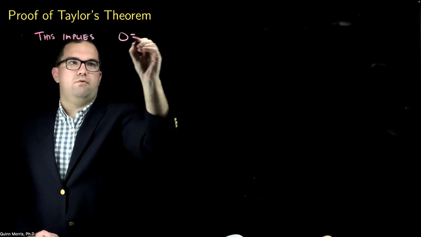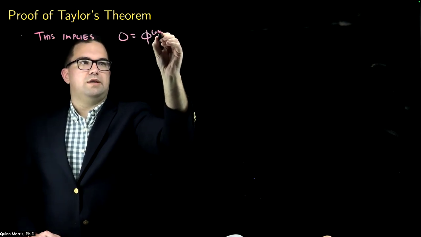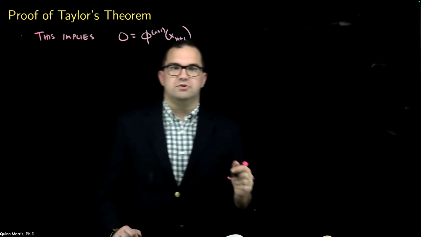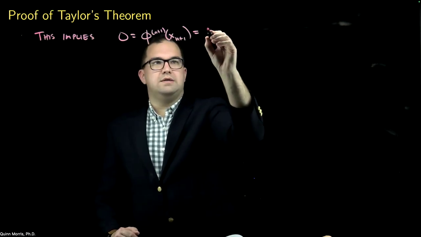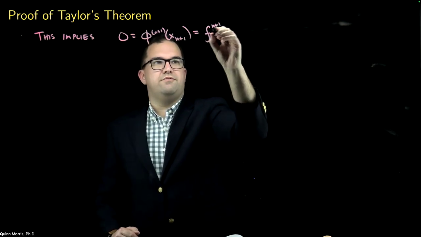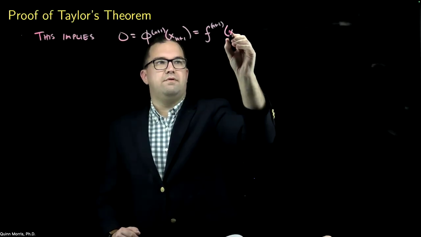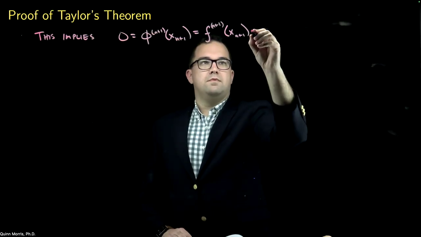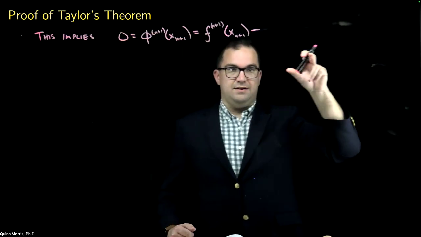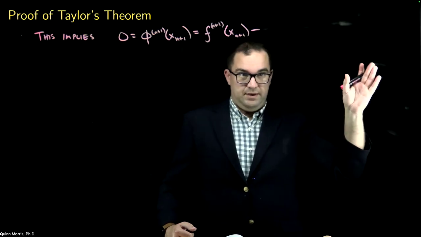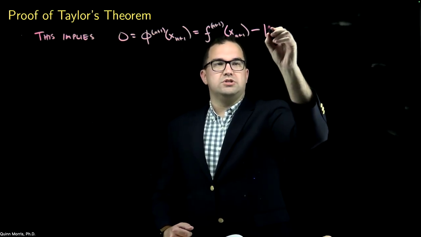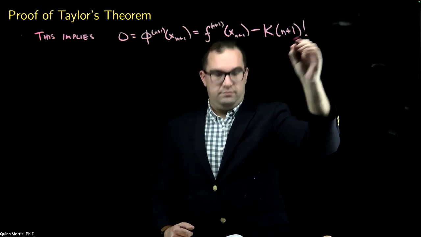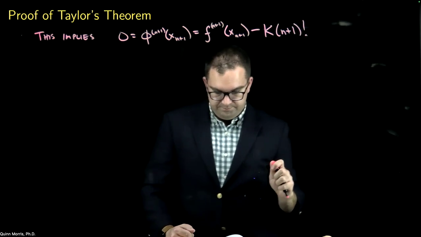I've got 0, which is going to be equal to the n plus first derivative of phi evaluated at x sub n plus 1, but this was the n plus first derivative of f, and it'll be evaluated at x sub n plus 1, minus, remember that Taylor polynomial derivative piece disappeared, and then we're just left with k times n plus 1 factorial.